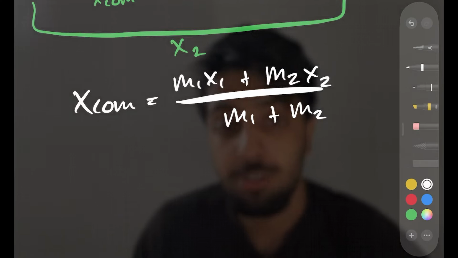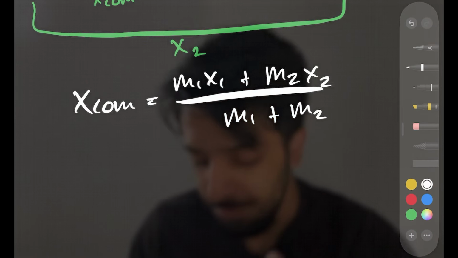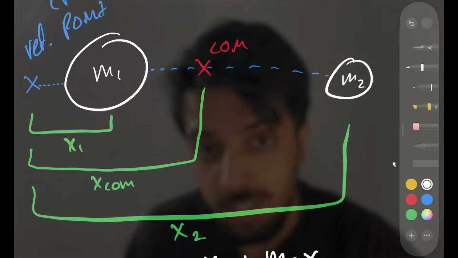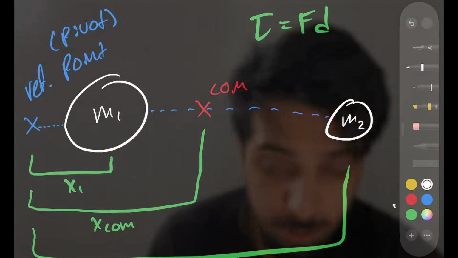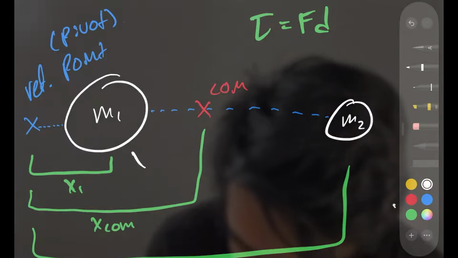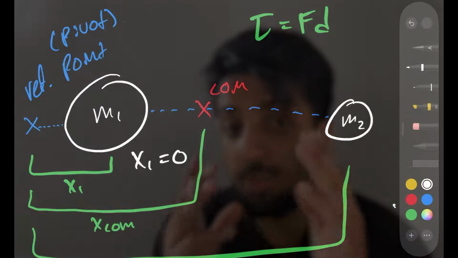Now, in my video, how to derive the center of mass formula, I go in depth on how to actually derive this. But for now, this is really all you need. Now, a small little tip when calculating the center of mass is to set M1 as the reference point. If we go back up here and set M1 as the reference point, x1 is going to equal 0, because x1 is our distance from the reference point to M1.